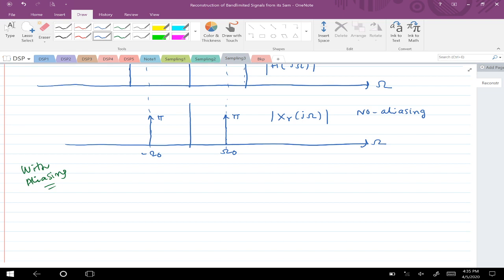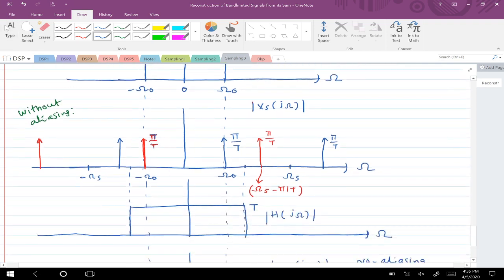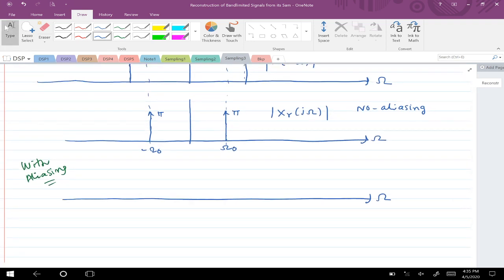Okay, so let me quickly draw again. Let's start again with this Xc of j omega. It has values, essentially the same here.